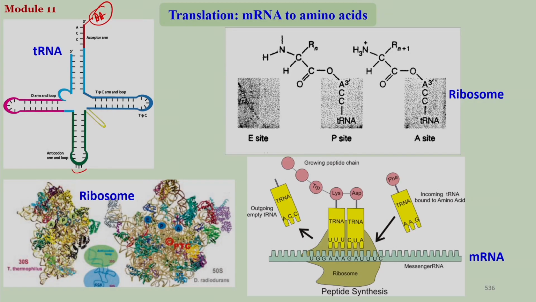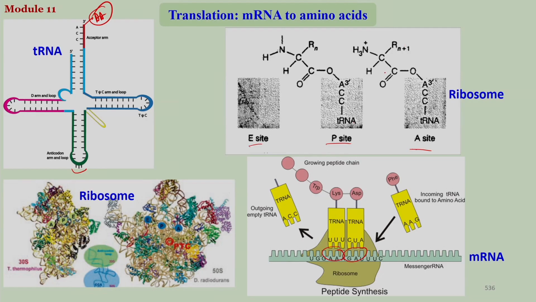And we have seen that the whole thing happens in a reservoir which is called the ribosome, which acts as a platform where all the synthesis happens. The details of the process we have talked about: a ribosome has 3 sites, E site, P site and A site, where the mRNA comes and binds. Each tRNA comes and binds to its opposite mRNA strand, and each tRNA contains an amino acid.